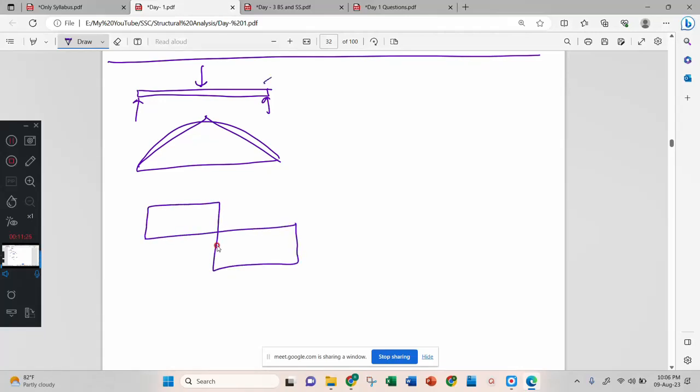Means the beam is resisting both stresses. The beam is resisting bending stress also, that we already studied. The beam is resisting shear stress also. Therefore, to find shear stress, we have to study the shear stress chapter.